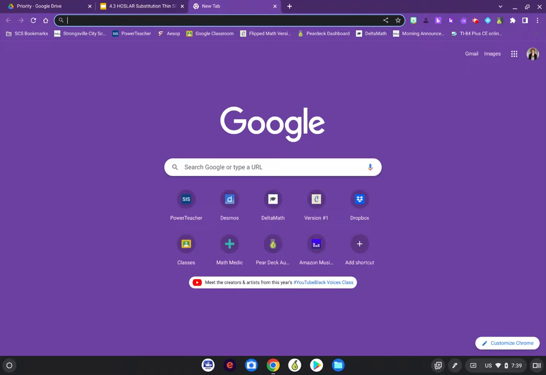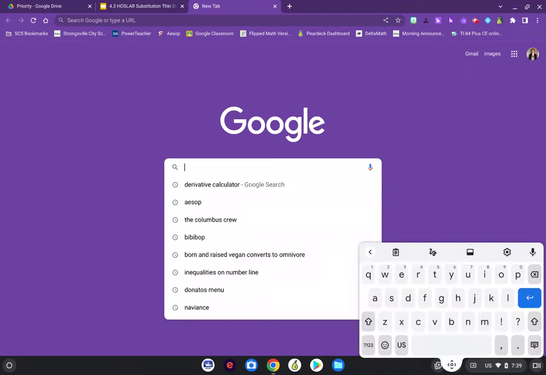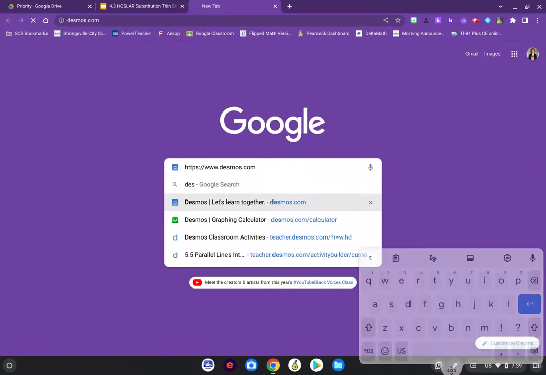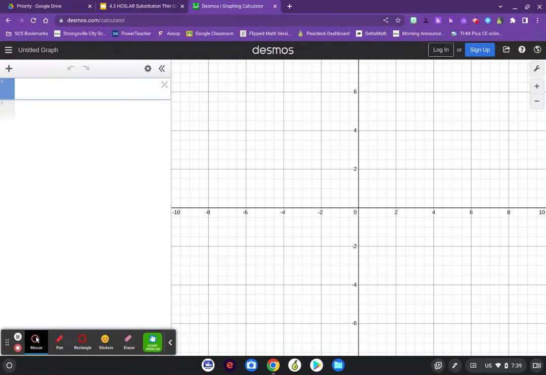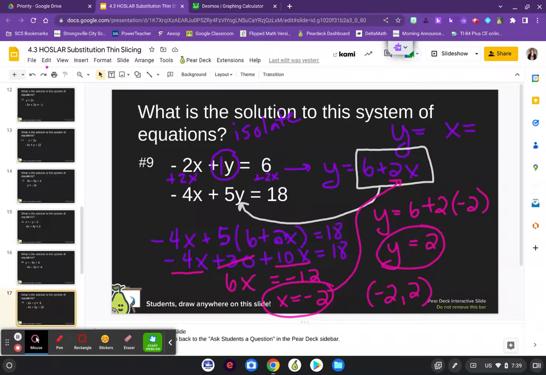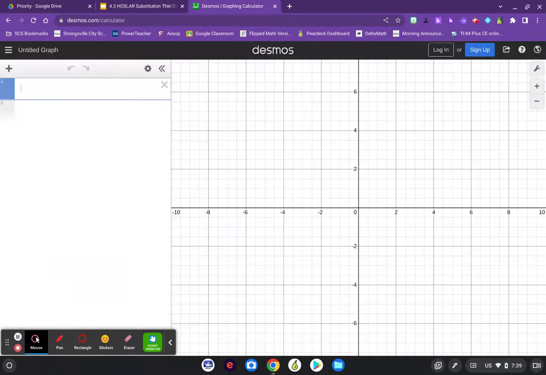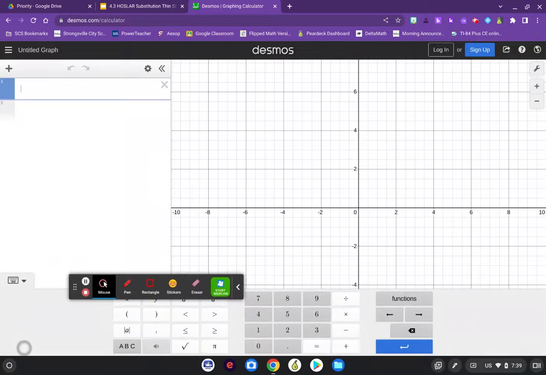So I'm going to bring up Desmos here. Graphing calculator. And I'm going to go ahead and type these two equations in. This negative 2x plus y equals 6, and the negative 4x plus 5y equals 18. So let's do this.